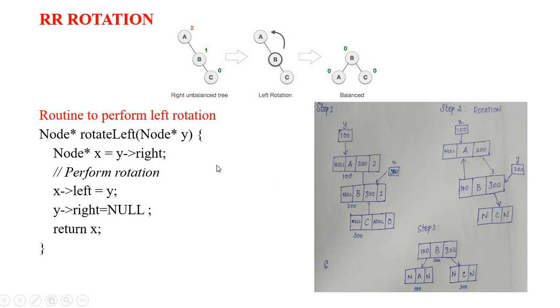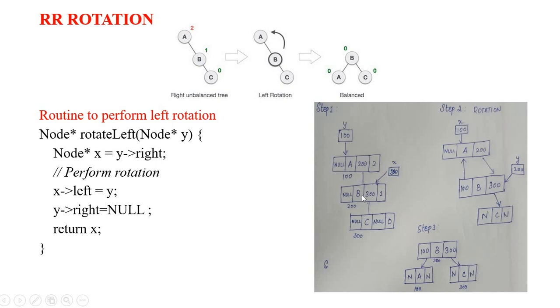Now how to do a left rotation is, initially node star rotate left of node star y. So I have considered the root node. The root node is now y is pointing towards the root node. Suppose the root node is 100, means I am saving 100 into this particular position. Now what is my aim? I have to perform left rotation, which means B's left child should be A, isn't it?